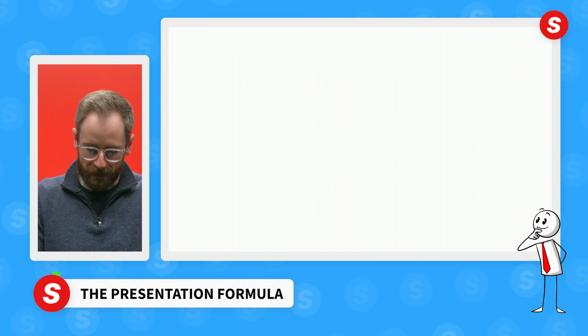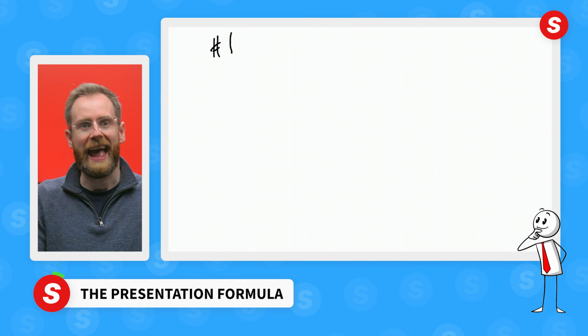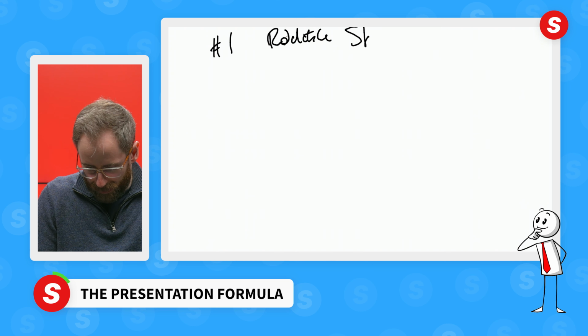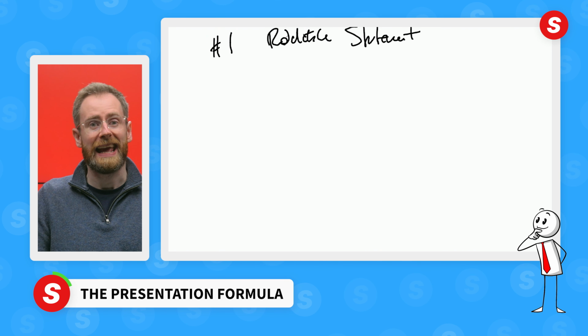So with all that said, how do we then create an effective sales presentation that allows us to communicate this value? I'm going to give you in this video a very quick and simple structure to use, and you can create an effective sales presentation using these 5 different segments. First up, you need number 1, a relatable statement.